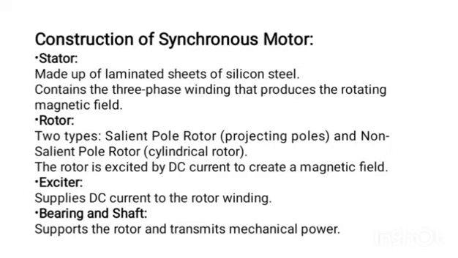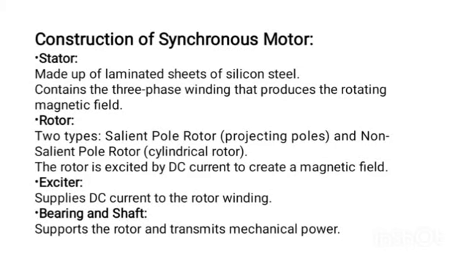It contains a three-phase winding that produces the rotating magnetic field. Using laminated sheets in this machine reduces the eddy current losses. That's why we use laminated sheets in this machine. The stator also acts as the stationary part.